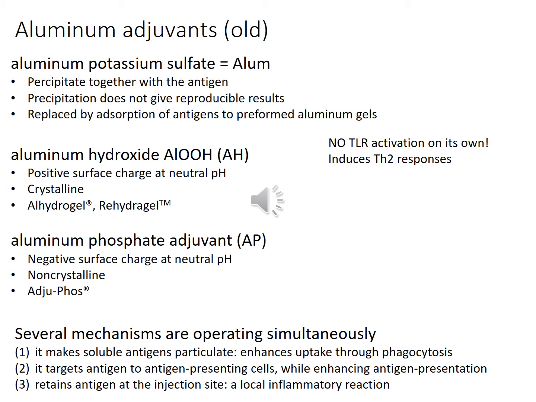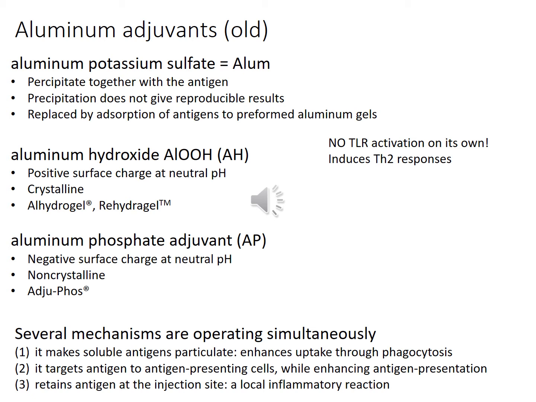So also aluminium phosphate is a useful version of the aluminium adjuvants. It has a negative surface charge at neutral pH, which then is beneficial for positively charged antigens. It's not crystalline. The fact that it's not crystalline makes it actually easier to work with, since the types of crystals will make the adjuvant have different properties in the absorption of the antigen.